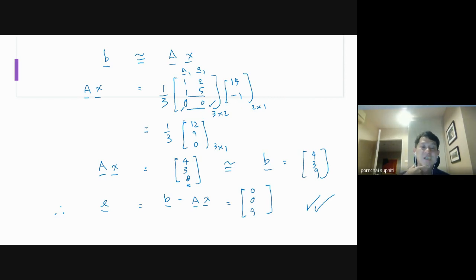Next lecture we will look at eigenvalues, eigenvectors, and also the singular value decomposition, or SVD, which is one way of decomposing matrices.